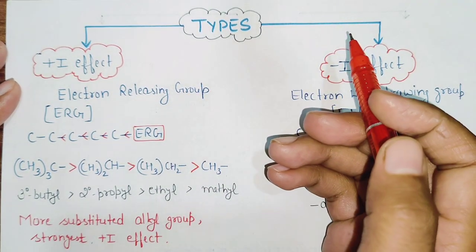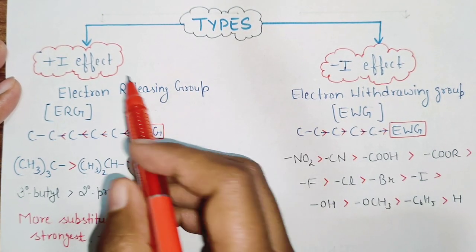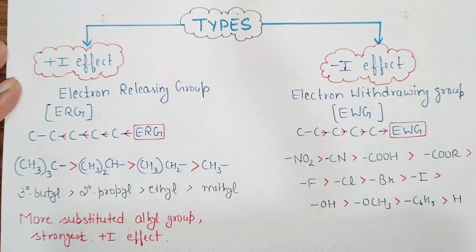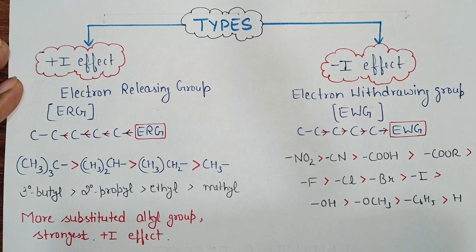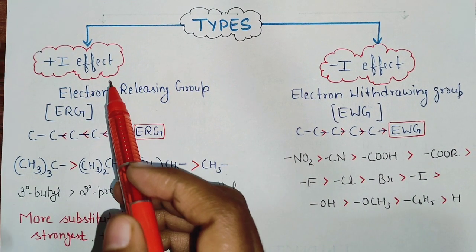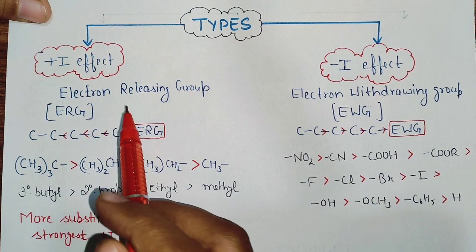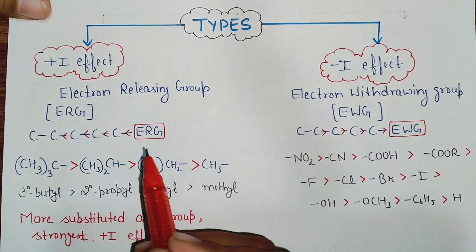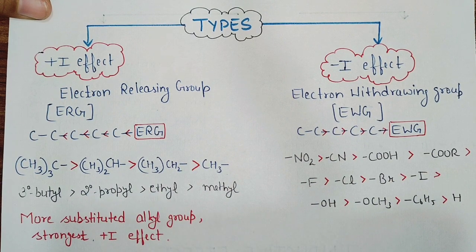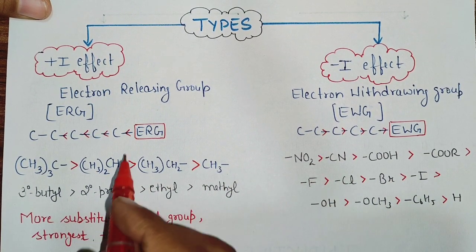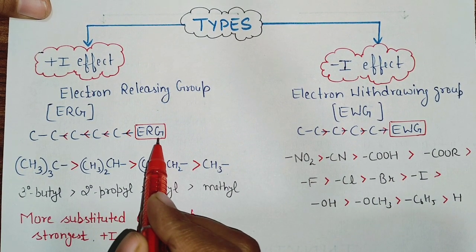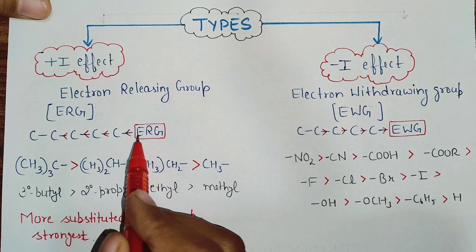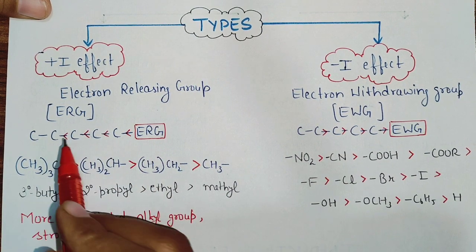Now, the types of inductive effect. It is of two types, that is plus I effect and minus I effect. So what is plus I effect? Whenever any electron releasing group is attached to the carbon atom, it shows the plus I effect. Here you can see an electron releasing group attached to the carbon atom. It releases electrons.